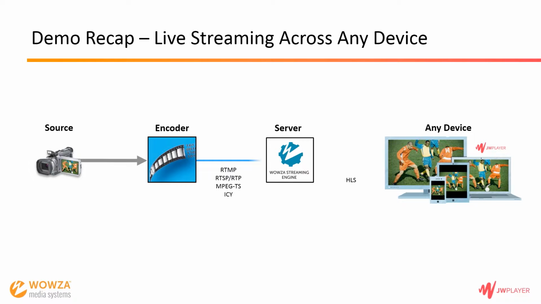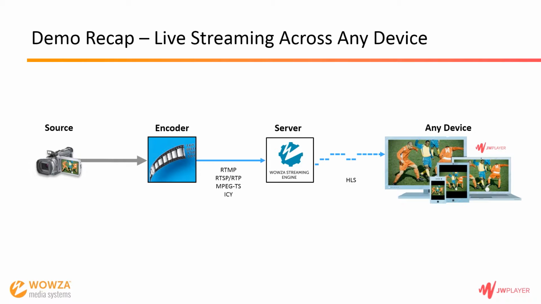Perfect. So what we've just seen is, we've used Wowza GoCoder to source the video, in this case the beautiful aquarium. Online, you'll see the Dutch soccer match. We send it from the encoder into the server.